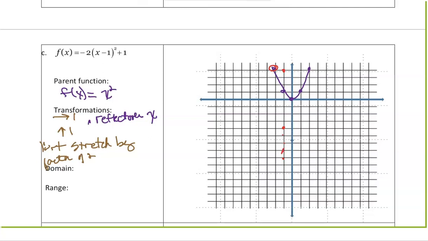Okay, so I'm up 1, and that means I'm right here. All right, so we're going to keep going. That is good. Let's do the next point. The next point, I'm going to go to the right 1. That puts me here. Reflect over the x, multiply by 2. That puts me here. And go up 1, and that puts me here.